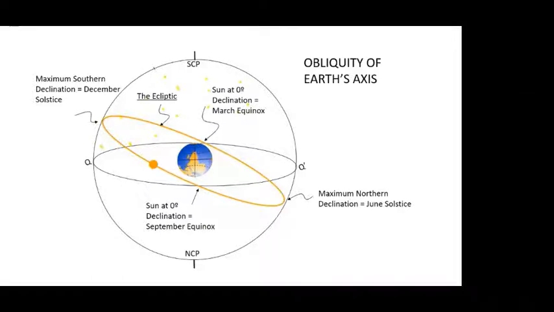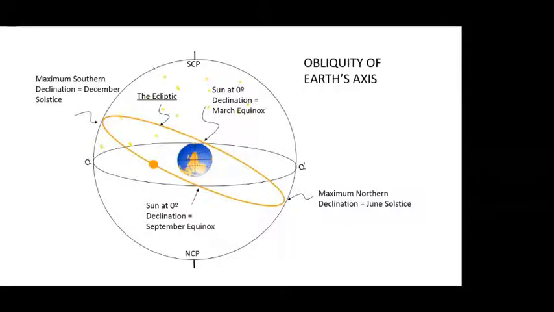There are two problems we have to face. The first is the obliquity of the Earth's axis. There you see the plane of the meridian once again, the south celestial pole at the top, the north celestial pole at the bottom. The yellow ellipse is the ecliptic, the apparent path of the sun around the Earth.